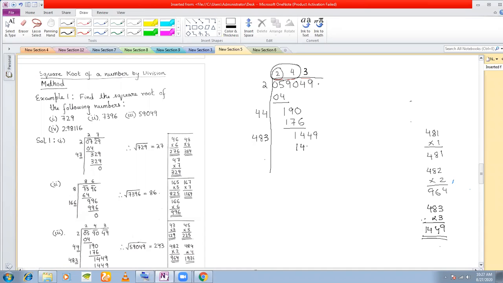At 1449, I'm getting a 0. So therefore, square root of 59049, we write this as 243. Okay. So this is your required square root.